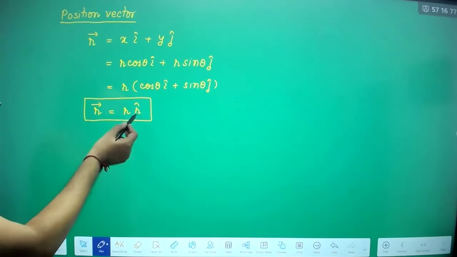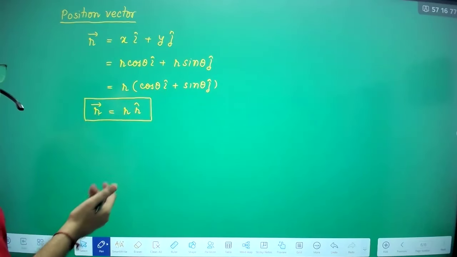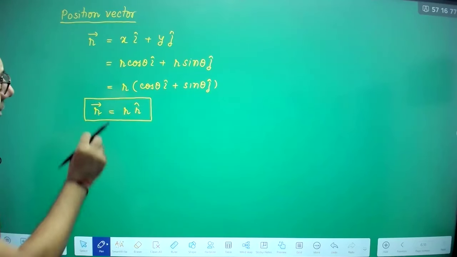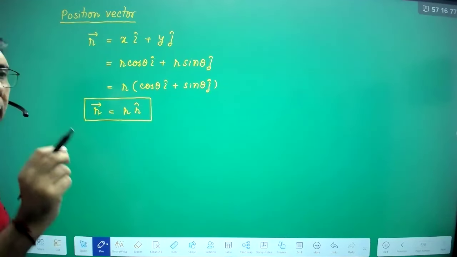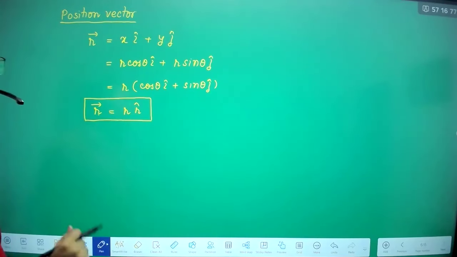But here in the position vector, theta directly is not appearing, but if you take the time derivative, then automatically theta will come into the picture. So that is hidden. Here, theta is not appearing, but theta is hidden there. Without theta, there is no meaning of r cap. Remember this.